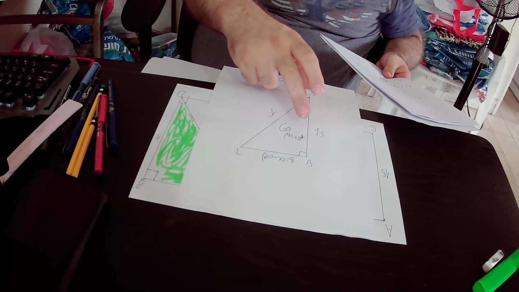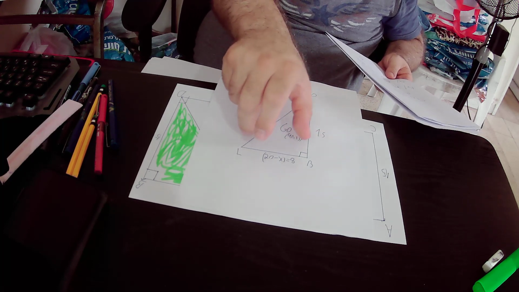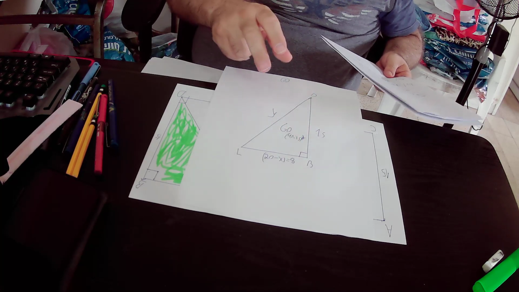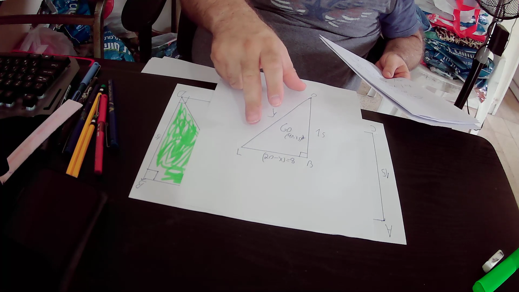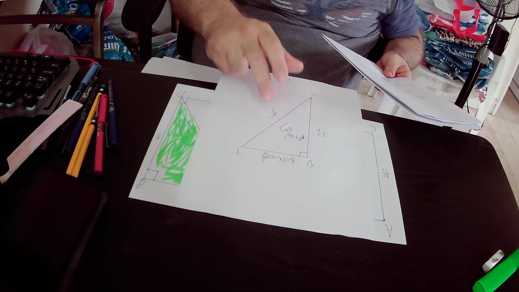So in this right triangle, we know that this side equals 15 units and side LB equals 8 units, and we can use the Pythagorean theorem to find the value of the hypotenuse of this right triangle, which equals y.